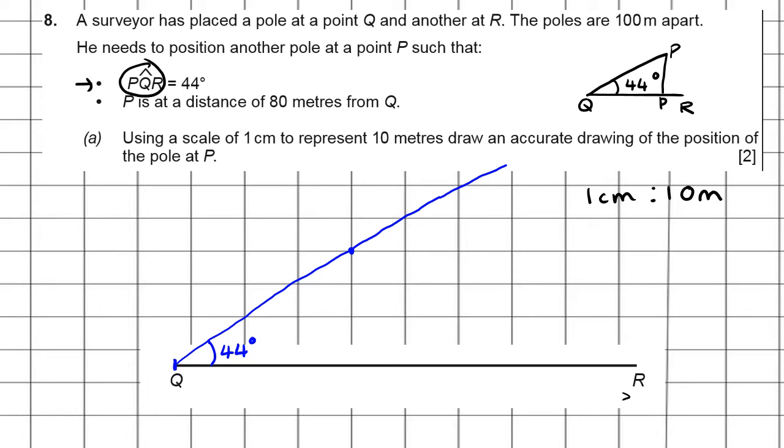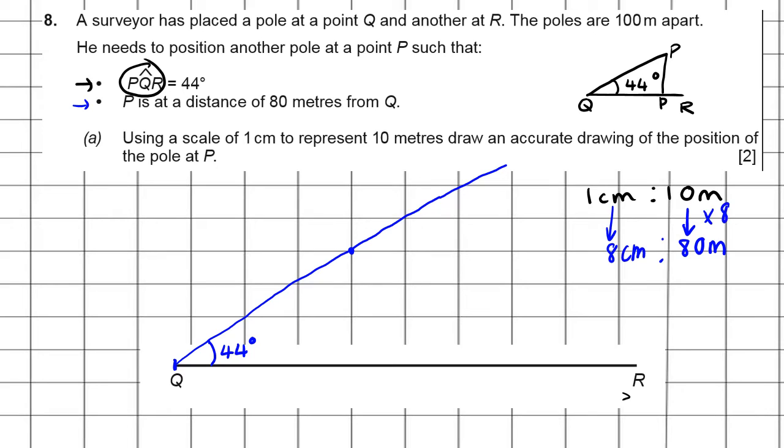Okay, now the second point is that P is a distance of 80 meters from Q. So basically saying it's 80 meters. Okay, so we know that 1 centimeter is 10 meters. Therefore, how many centimeters is 80 meters? Yeah, 8 centimeters.